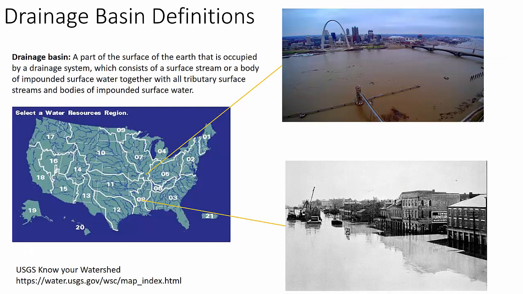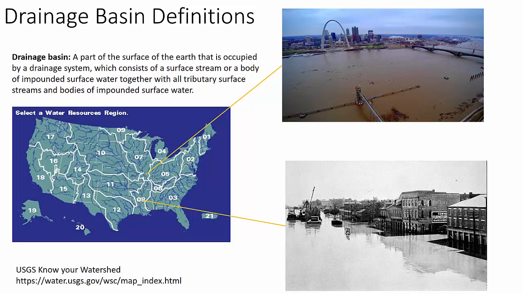Drainage basins are a way to divide the surface of the earth into areas. Remember I said you could draw lines between all the major rivers of the United States and pretty much come up with the boundaries of their drainages? Here you go. These are the water resource regions in the United States. And you notice that we have, I think, about 22 of these for the continental United States, 20, maybe 21. I see Puerto Rico is number 21.